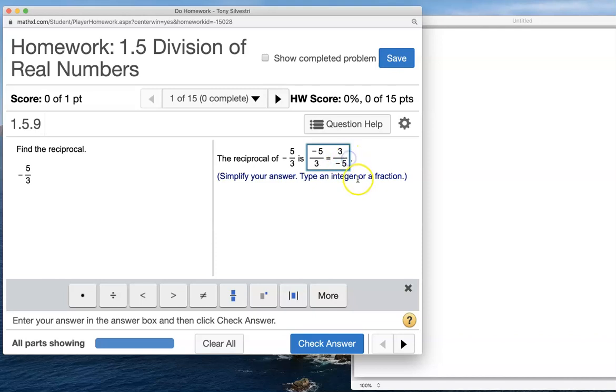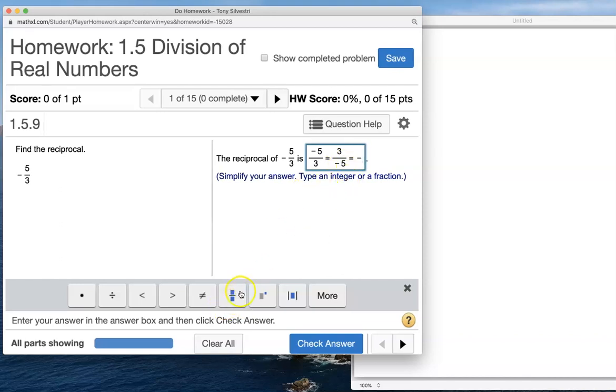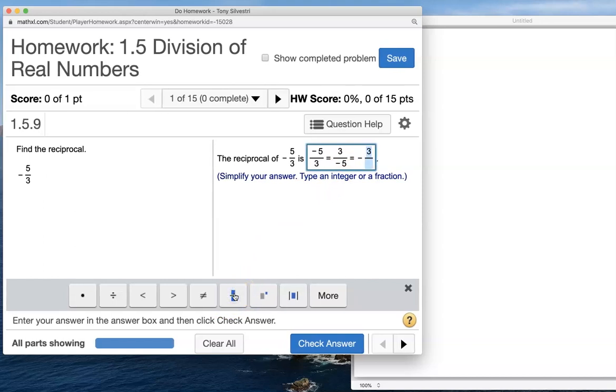And regardless of where the negative is, the answer is going to be negative. So the answer will end up being 3 over 5 with the negative in front. Either way, whatever you like, just flip the numerator and denominator. If there is a sign, let's leave the sign there. So that's the reciprocal.